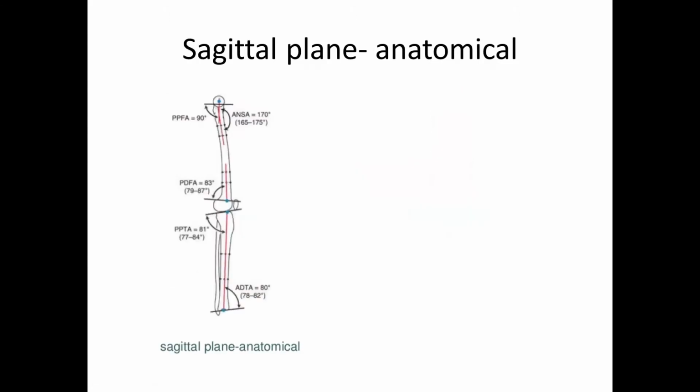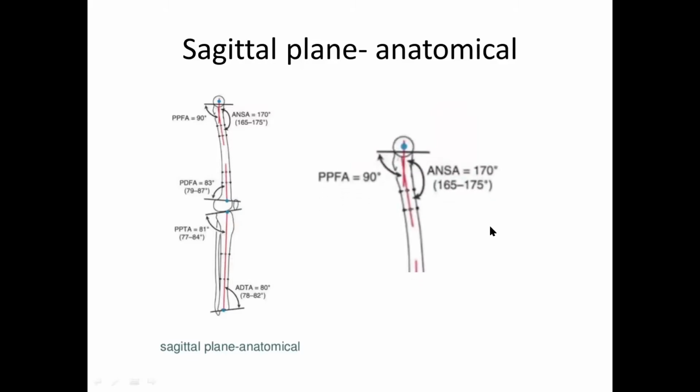In the sagittal plane also, around the hip joint is the anterior neck shaft angle, around 170 degrees, and the posterior proximal femoral angle. Actually, these abbreviations are not very difficult when you really try to define them.